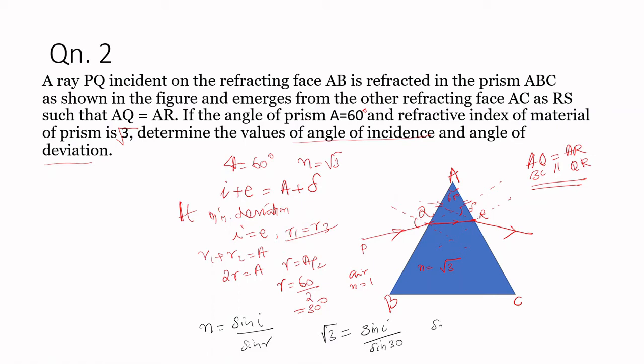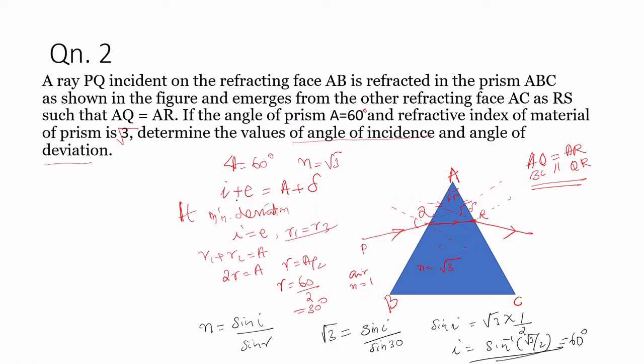So sin I is equal to √3 into 1 by 2, which means I is equal to sin inverse √3 by 2, which is 60 degree. So we got the I value. I is equal to 60 degree. One of our questions is answered.